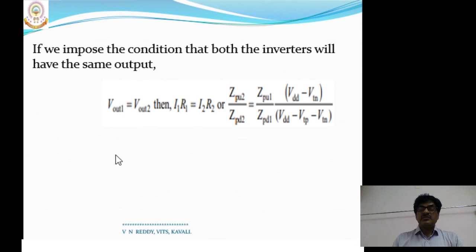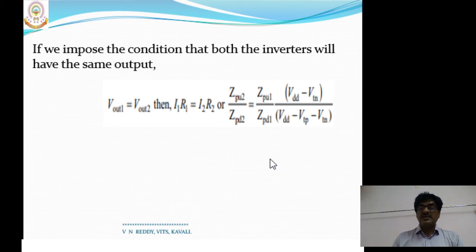The output voltage with input VDD should be equal to the voltage when the input is VDD minus VTP. That's why we are taking the condition Vout1 equal to Vout2, that is I1 R1 equal to I2 R2. So by substituting the above products and simplifying, the equation is like this.